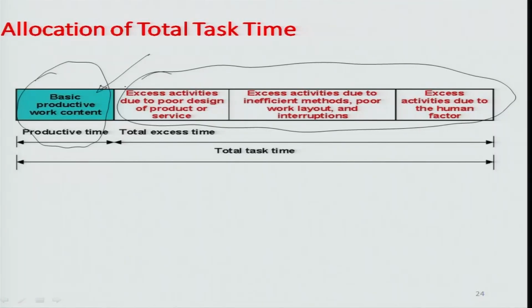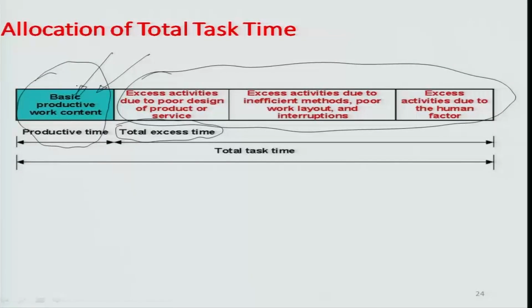So, the total amount of excess time in all work, and this is the underlying theory of all ergonomic design, is very high, and this needs to be completely eliminated if possible, and if not, then at least reduced to a substantial amount, so that the basic productive work content percentage in the whole work time goes high.